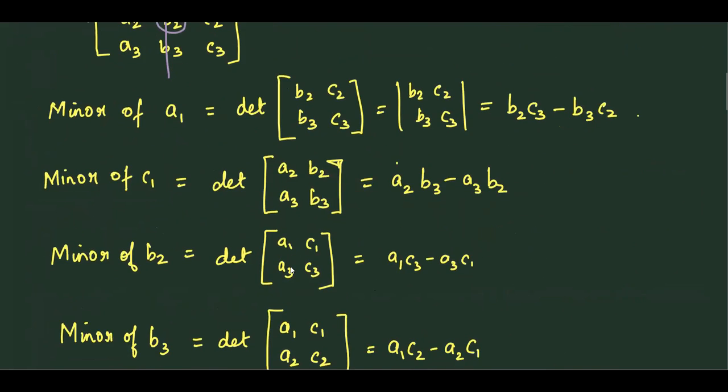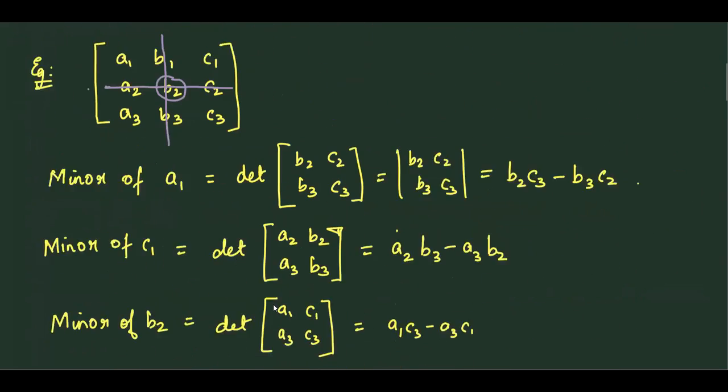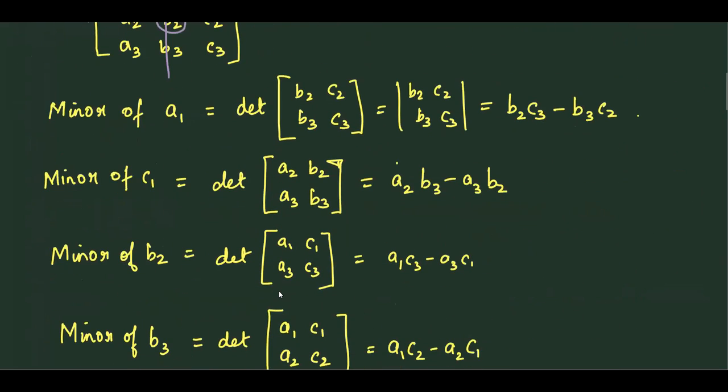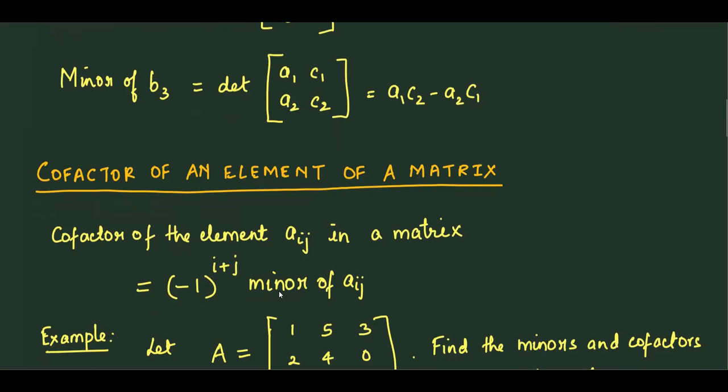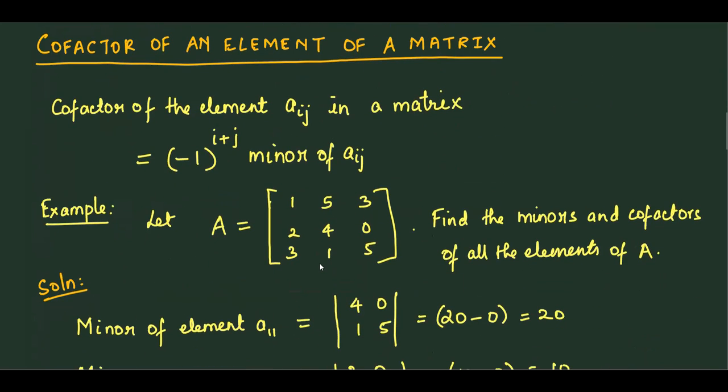So yesterday we found minors like this. We removed the row and column of a particular element, found the submatrix, and found the determinant of the submatrix. Now, the cofactor of Aij is the minor of Aij multiplied with -1 to the power i plus j.